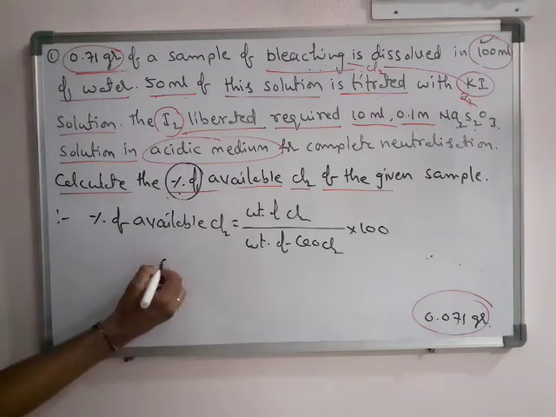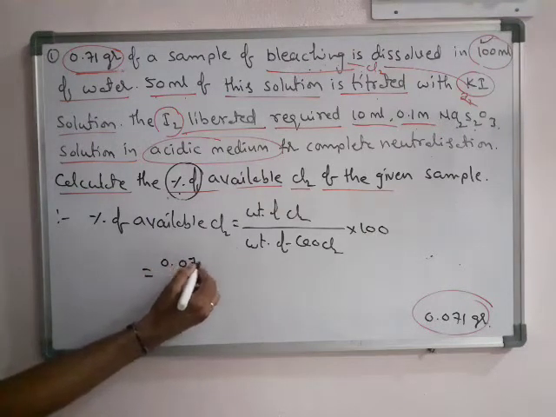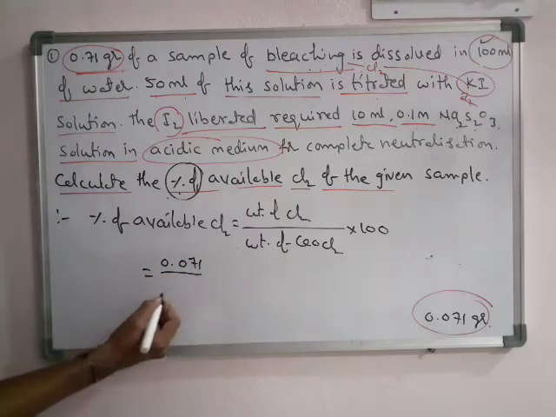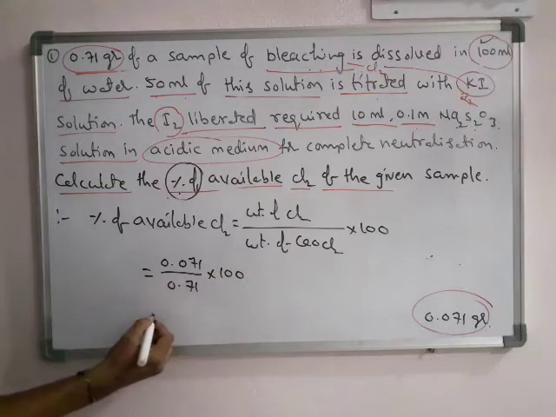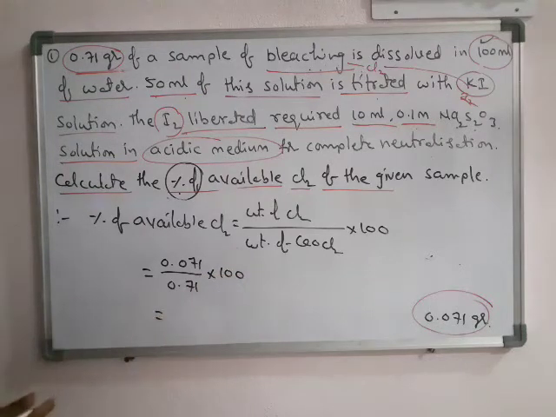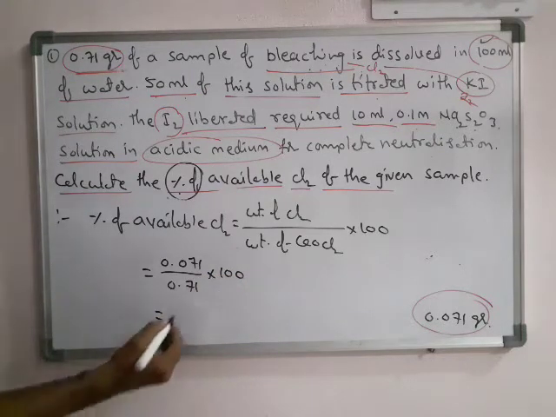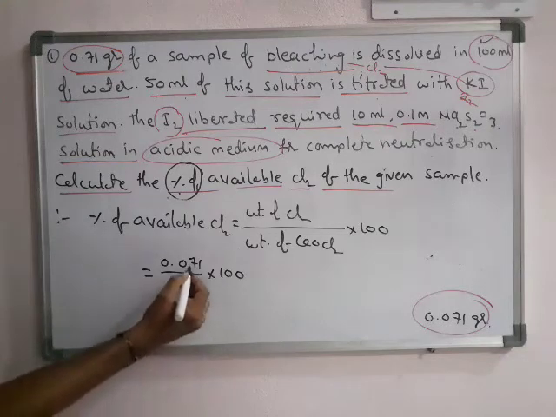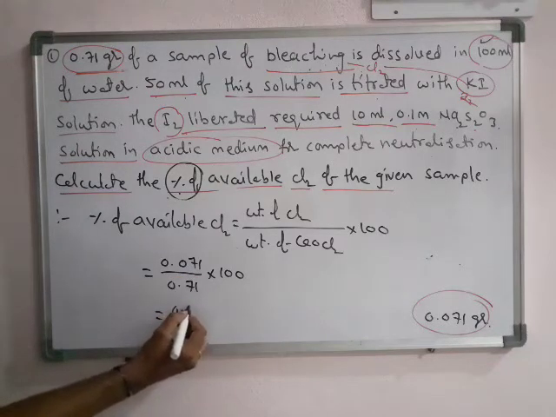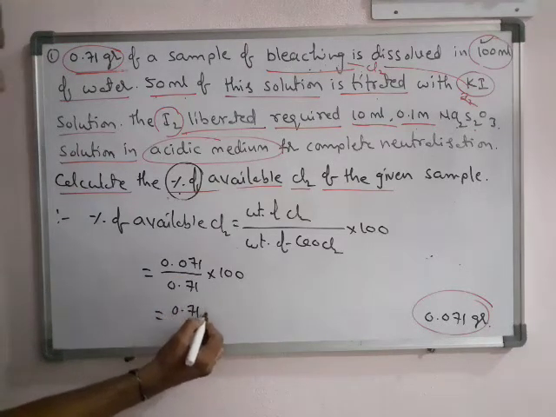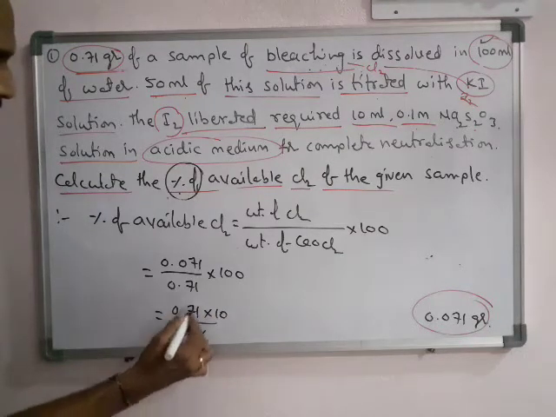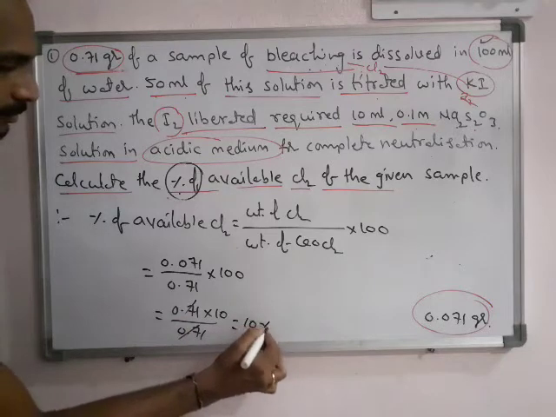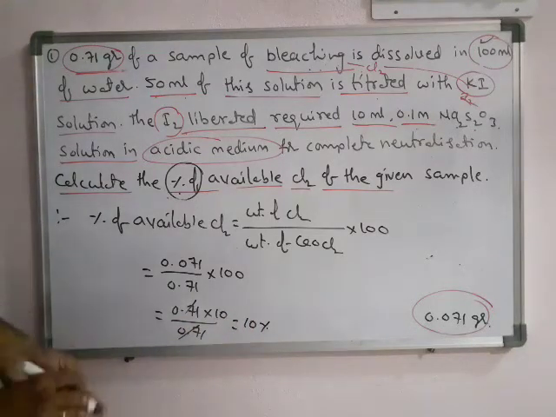So the weight of chlorine you got. And the weight of bleaching powder is how much? So finally we will get that equal to 10%.